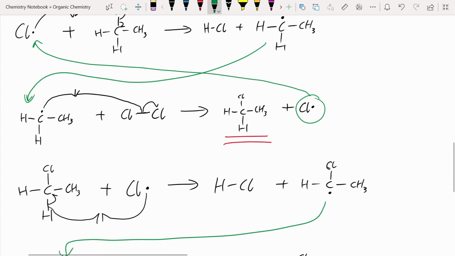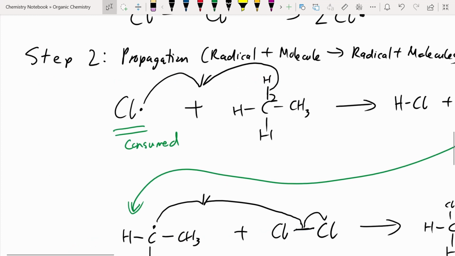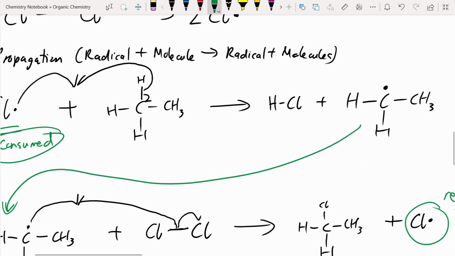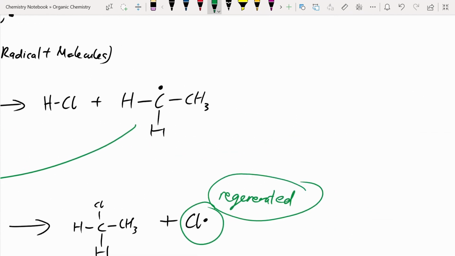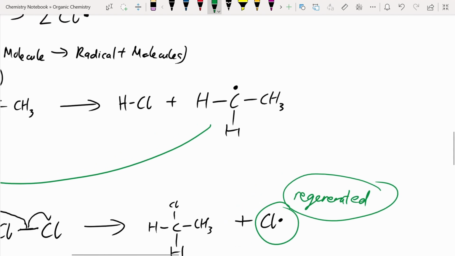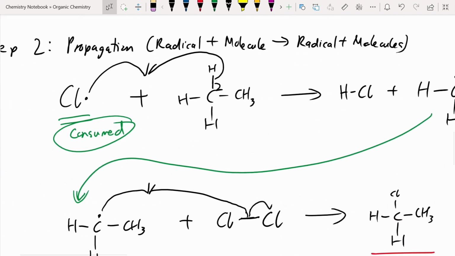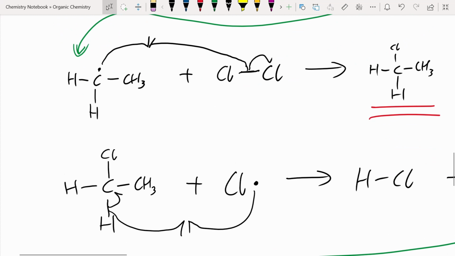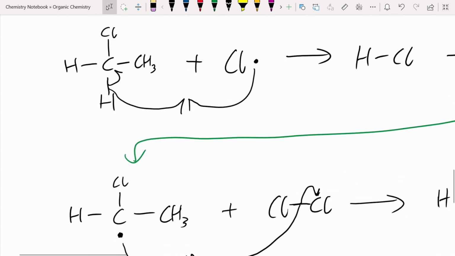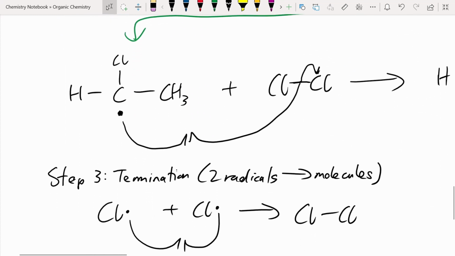And this is how the reaction can sustain even with a brief exposure of UV light. This chlorine radical is consumed in the first equation and regenerated in the second equation. This shows that it's a catalyst, and it means that it will be able to speed up the rate of the reaction.